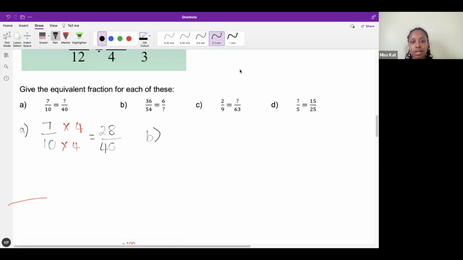Okay, let's go to number B. Number B started off as 36 over 54. But now my numerator is 6. So what did I do to 36 to end up at 6? Divided by 6. So then if I divided by 6 at the top, I have to divide by 6 at the bottom. So then what is 54 divided by 6? 9.